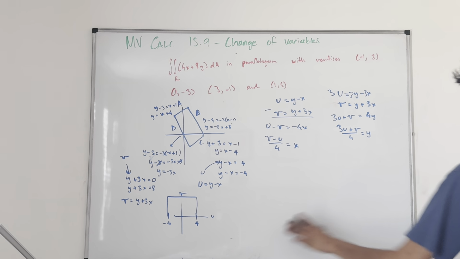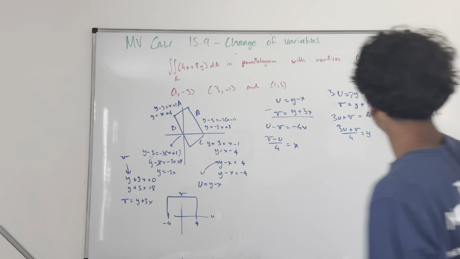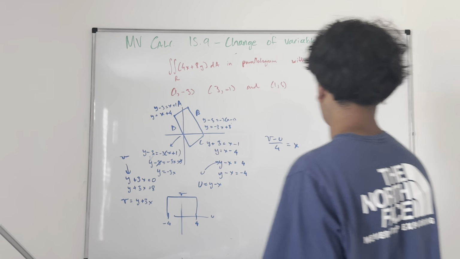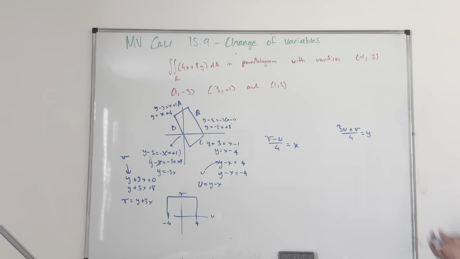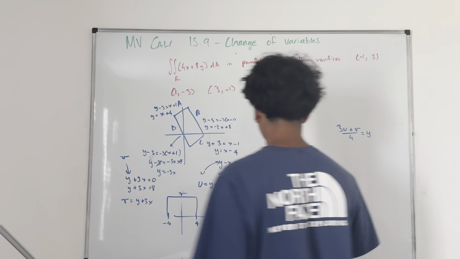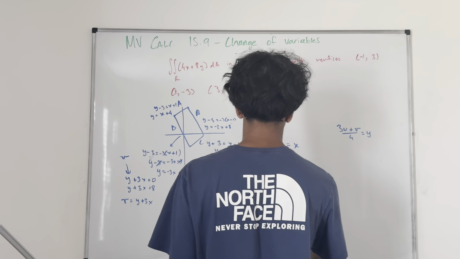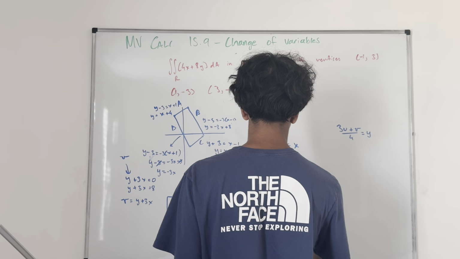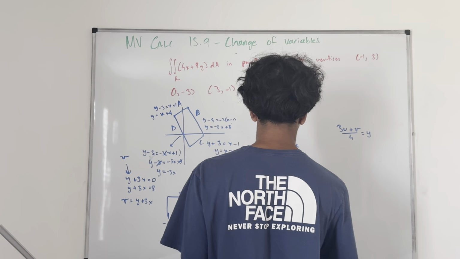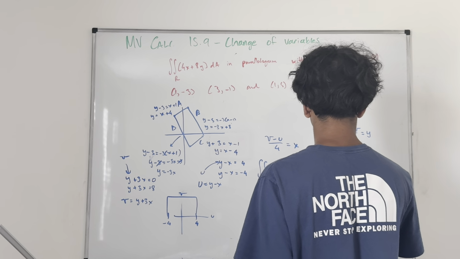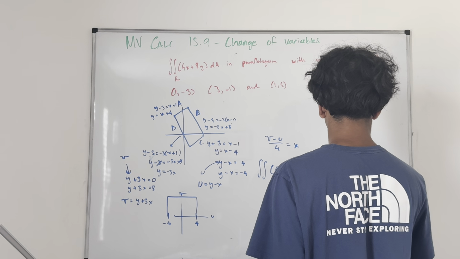So now I have these functions of x and y in terms of v and u. So when I'm going to start doing my integral, I could even substitute this in, v minus u over 4 plus 8, 3u plus v over 4.